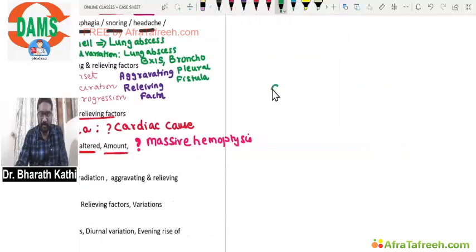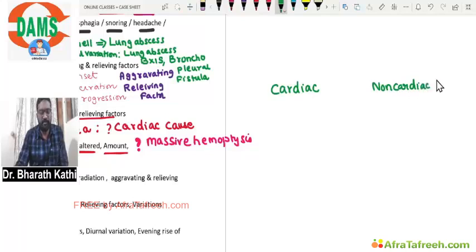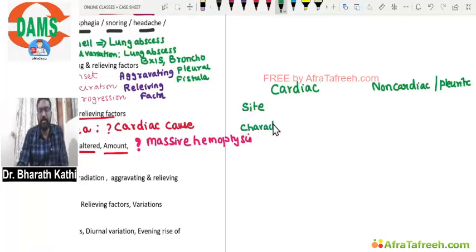Cardiac chest pain and non-cardiac, especially pleuritic chest pain. Here let us see what will be the site, what will be the character, and whether there will be any radiation.